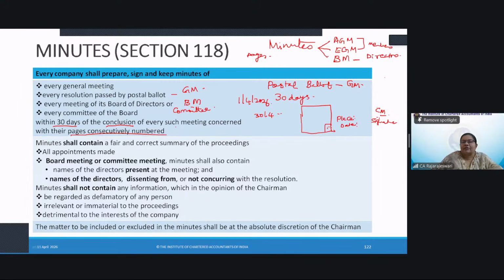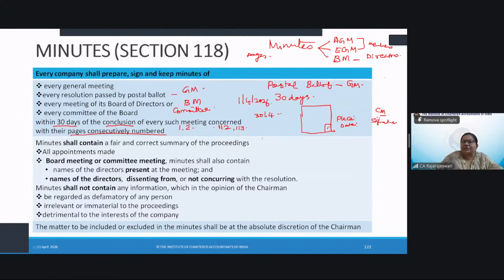See, if it is not numbered, we number it 1, 2, 3, 4. It should be numbered. Suppose you are recording it in the 112th page and 113th page. The minutes run to 2 pages. So it is 112 and 113. So it should be numbered. Only then you will have control. Why should it be numbered? You should have a control. Nobody should insert anything.